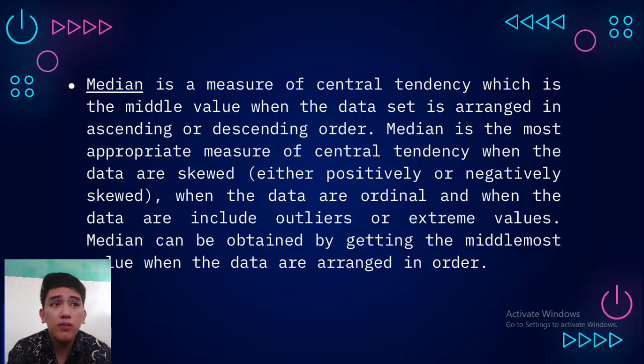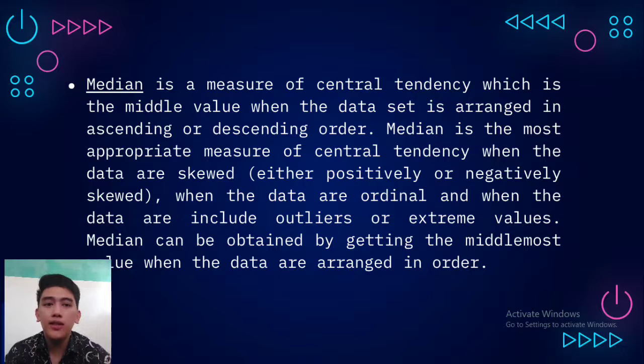Median can be obtained by getting the middlemost value when the data are arranged in order. Sinasabi dito na ang pagkuha ng median is, isusulat muna natin ang mga given data in ascending order at kukunin natin kung ano ang nasa gitna nito. At yung nasa gitna, yun ang ating median.